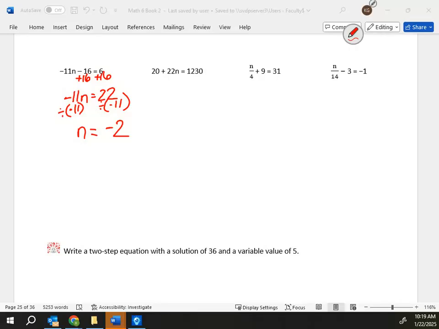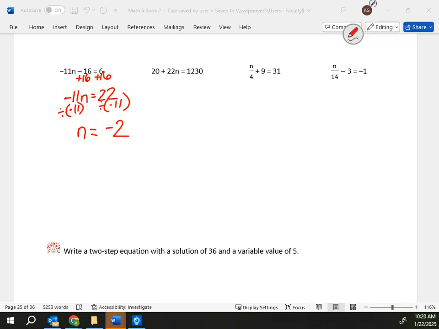Remember over here, we said, oh, if it's a 20 plus 22n, some people got confused and thought, well, we need to subtract 22 because we're adding 22. But we don't do that because that 22 is connected to the variable. That means we're multiplying the variable. We need to go to the number that doesn't have the variable first.